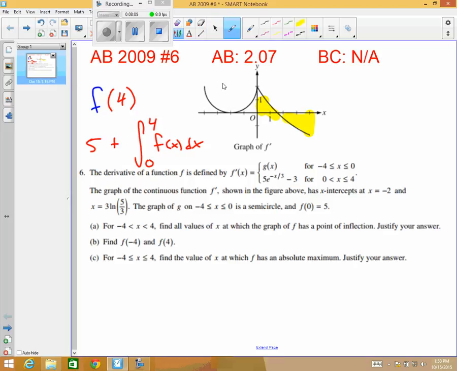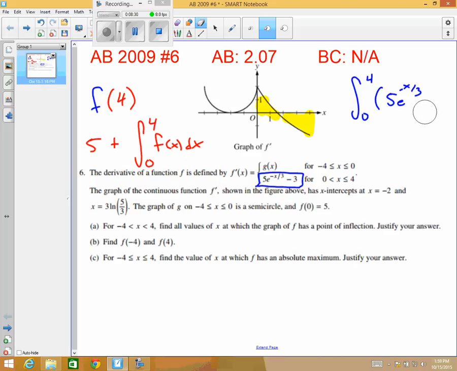Notice that whole piece is used by the bottom half of the equation. We want to find, really, the integral from 0 to 4 of 5e to the negative x over 3 minus 3. And that's going to require a little bit of u substitution. I look at that negative x over 3, and I wish it was an x.